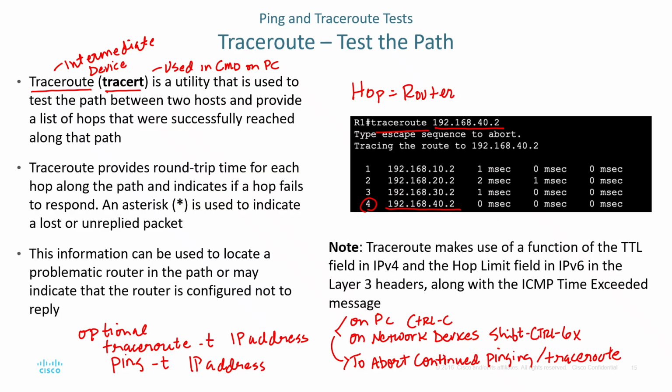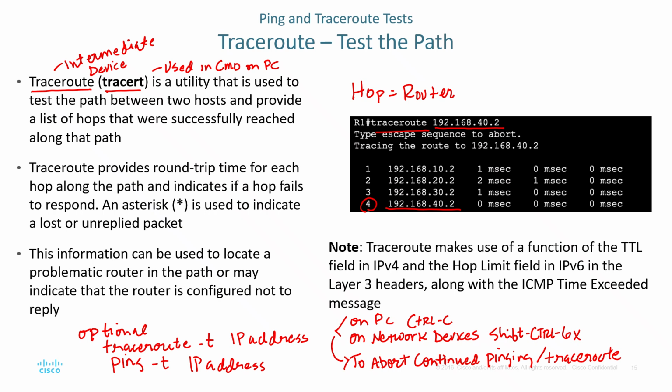Traceroute makes use of the TTL field in IPv4 and the hop limit field in IPv6 in the layer 3 headers, along with the ICMP time exceeded message. So I know I've gone through the examples before in the steps of traceroute. If you have 3 routers in your scenario, your TTL the first time would be 1 because it would decrement at 1.